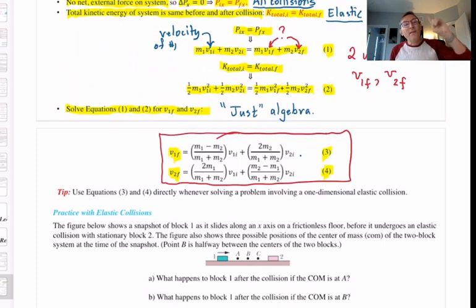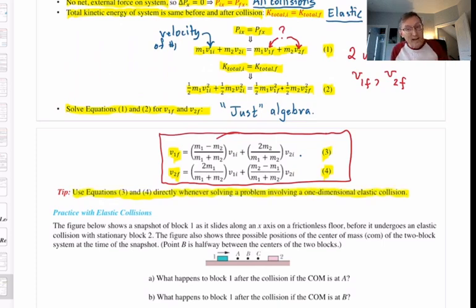But if I am in a situation, limited though it may be, where equations 3 and 4 are correct and appropriate, then I will go straight to them and use them, as long as I am confident that they are valid. So, I will use equations 3 and 4 directly whenever solving a problem involving a one-dimensional elastic collision.